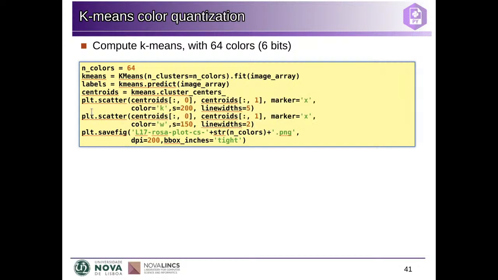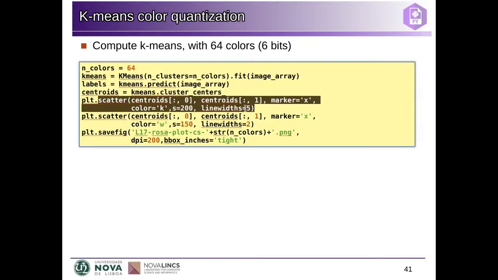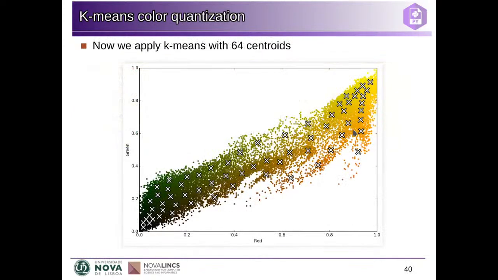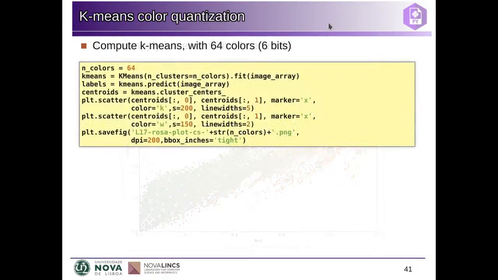By the way, I'm plotting them twice, because I'm plotting once in black and once in white. So I draw a large black cross and then a smaller white cross, and I get this effect here. This is just one of the many things you can do with plotting.